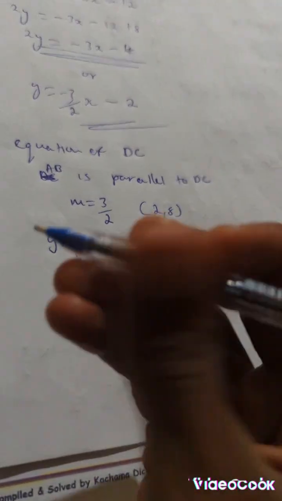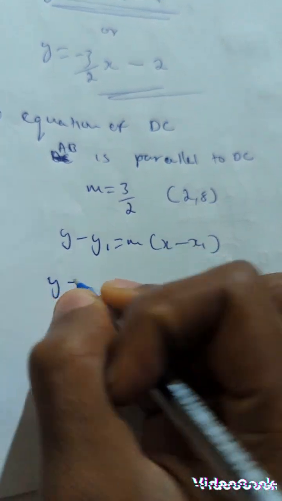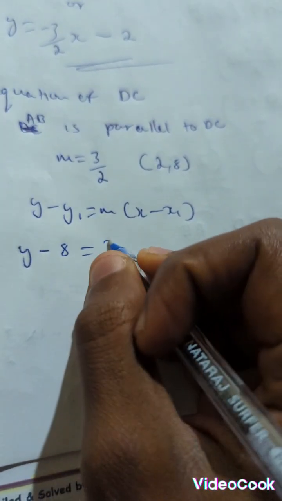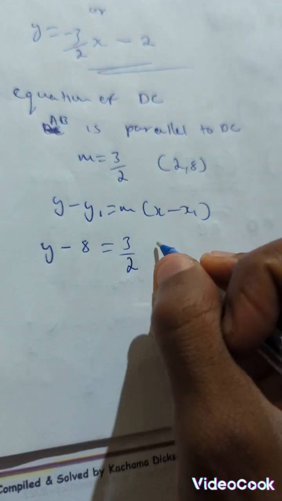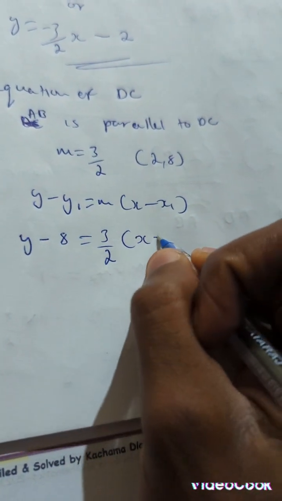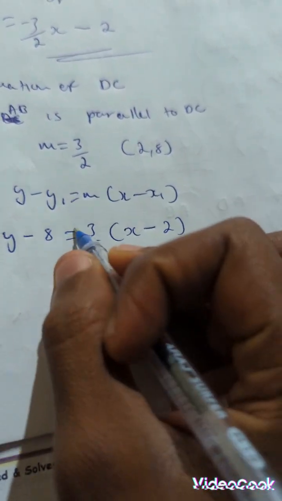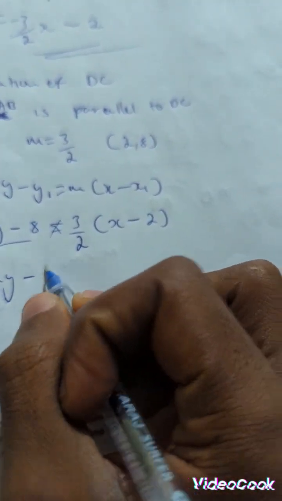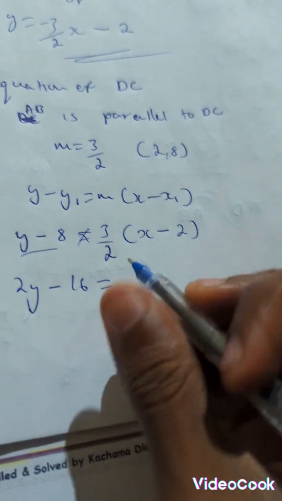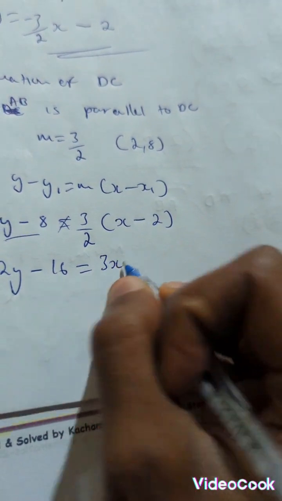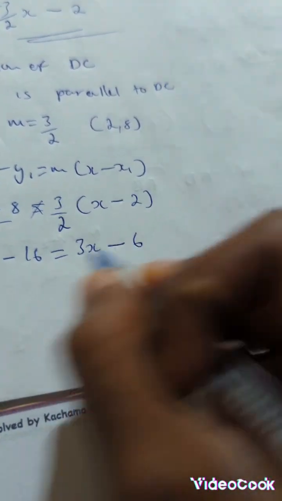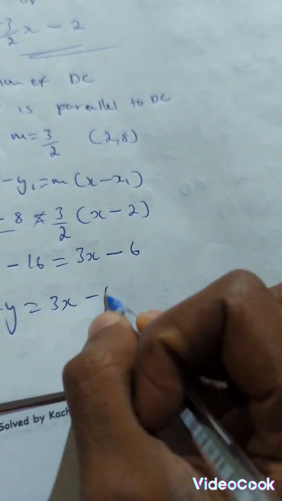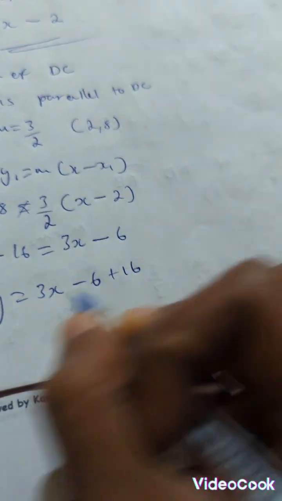So we're going to replace our y minus y1, which is 8, is equals to 3/2, then our x minus 2. Then we cross multiply, it will be 2y minus 16 is equals to 3x minus 6, then 2y is equals to 3x minus 6 plus 16.